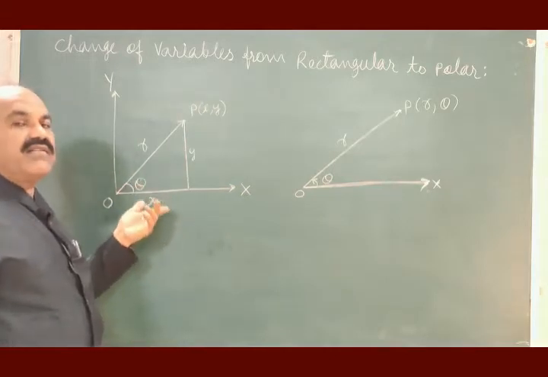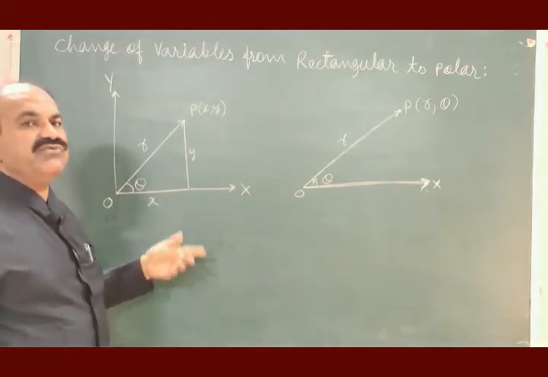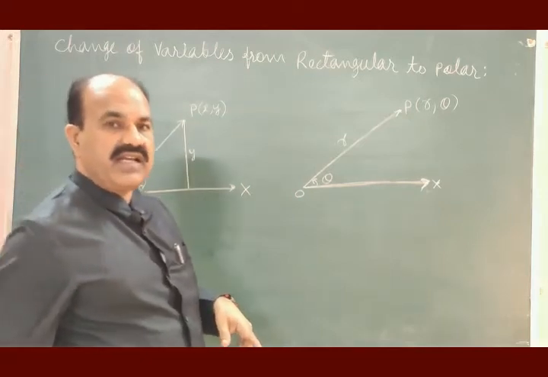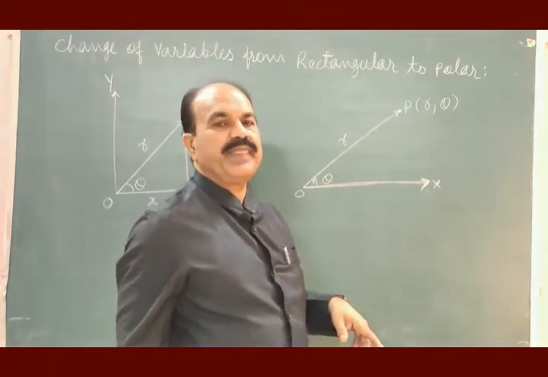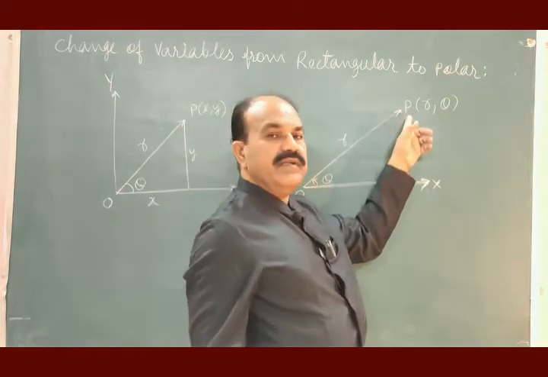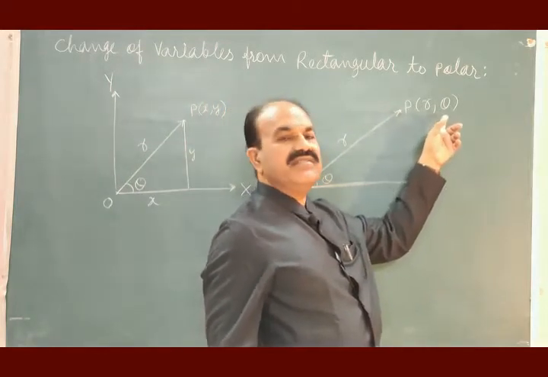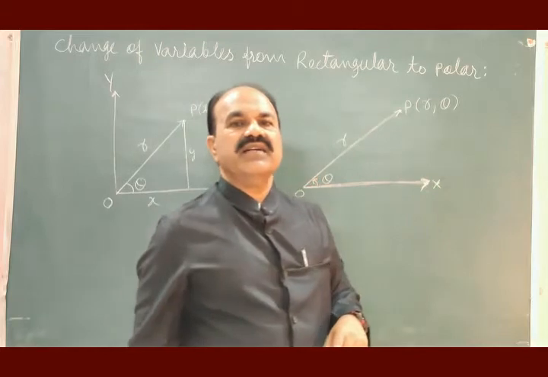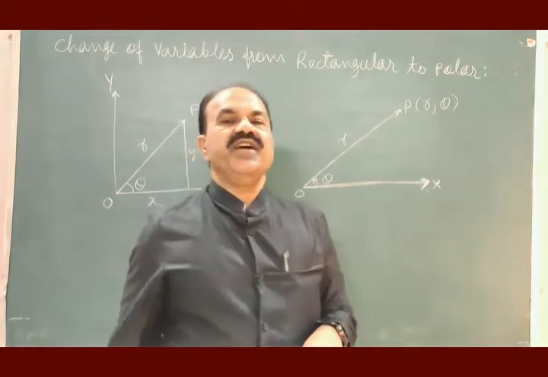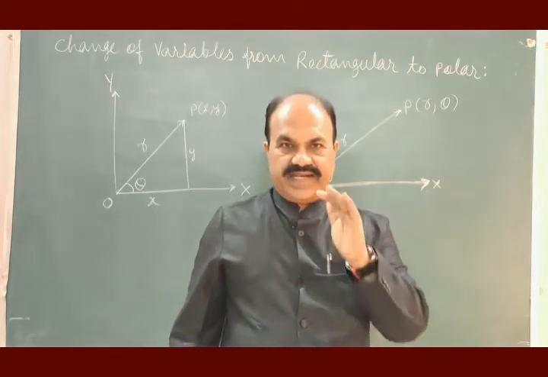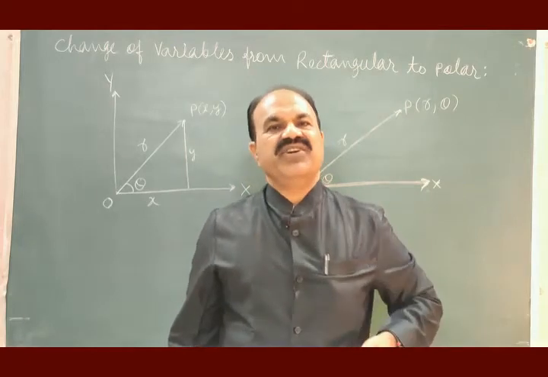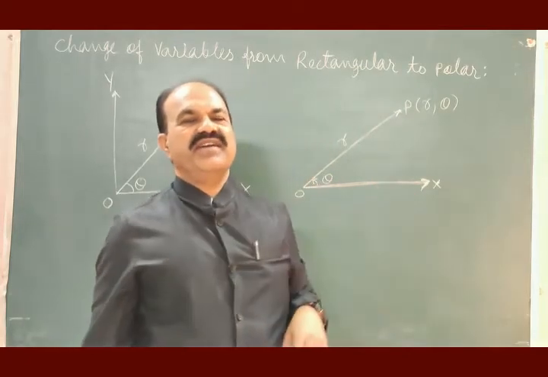In rectangular or Cartesian coordinate system in 2 dimensions, the coordinates are x and y. In polar coordinate system, the coordinates representing a point are given by r and theta. This is the general idea about rectangular or Cartesian coordinate system and polar coordinate system.